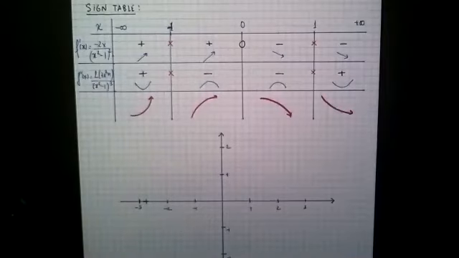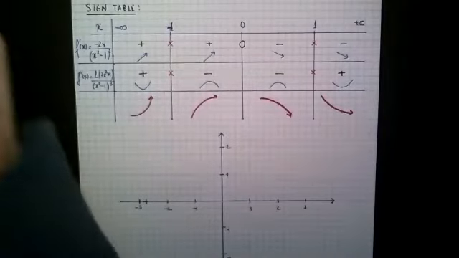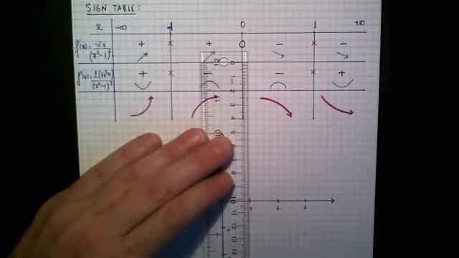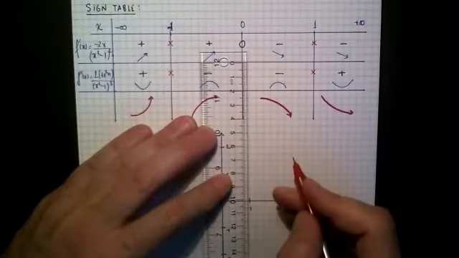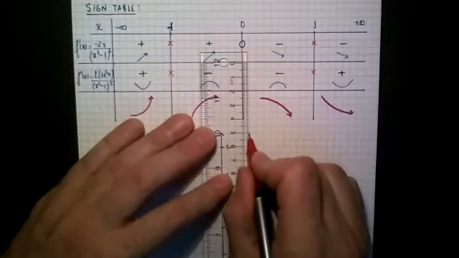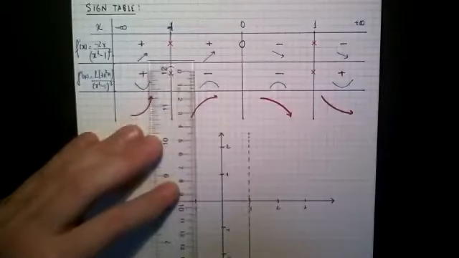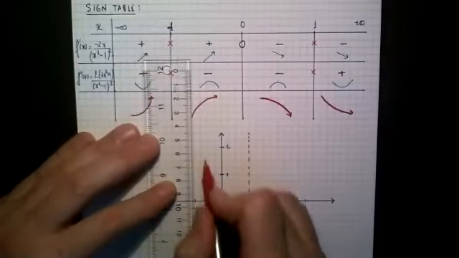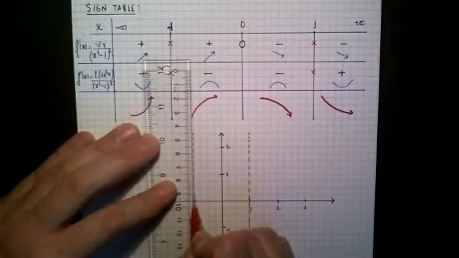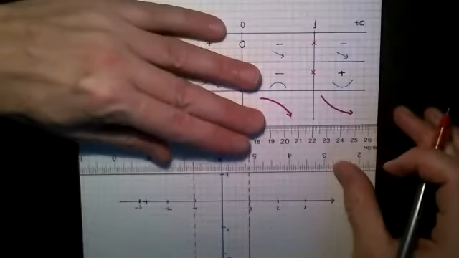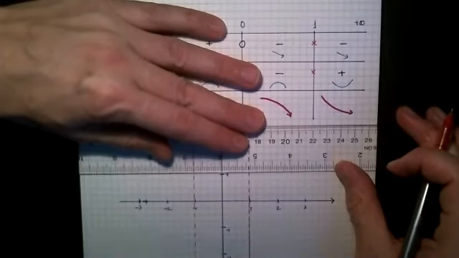Let's go. First thing I'm going to do, of course, is I'm going to draw my asymptotes. So I have an asymptote at x equals 1, and an asymptote at x equals minus 1. Then I have a horizontal asymptote at y equals 1 as well.